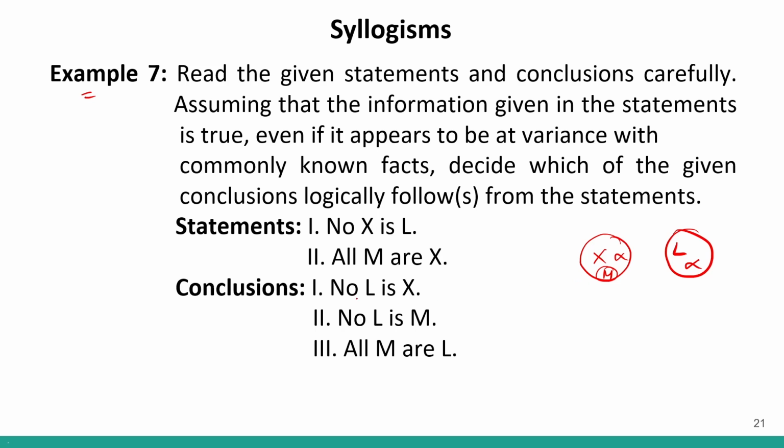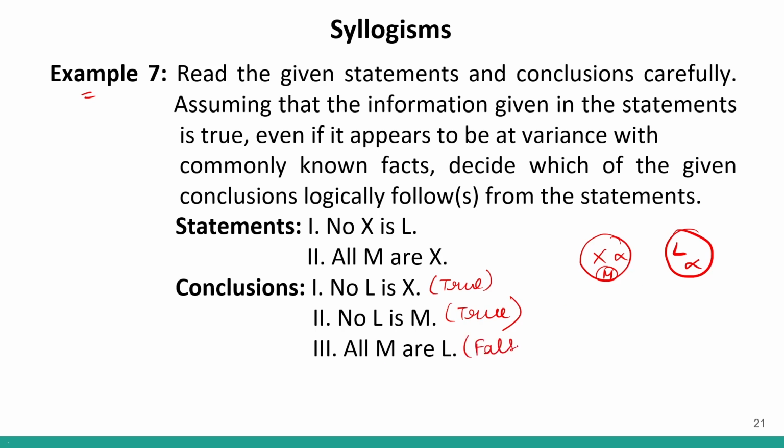Now, let us look at the conclusions. No L is X. This is definitely true, because X and L are separate entities, they are not overlapping. No L is M. This is also true because M is a part of X, and X cannot overlap L. Therefore, this is also true that no L is M. Third one is all M are L. This is definitely false.